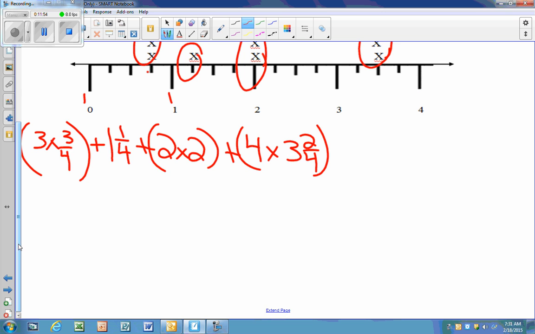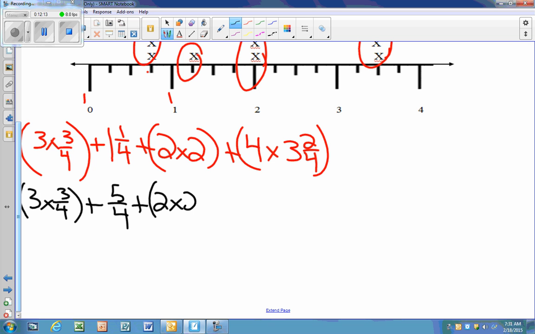So I'm going to scroll up. First thing I'm going to do is I see that I have some mixed numbers in there. So I'm going to rewrite this so everything is an improper fraction instead of mixed, to make it easier to work with. So 1 and 1/4 became 5/4. And then this stays 2 times 2.